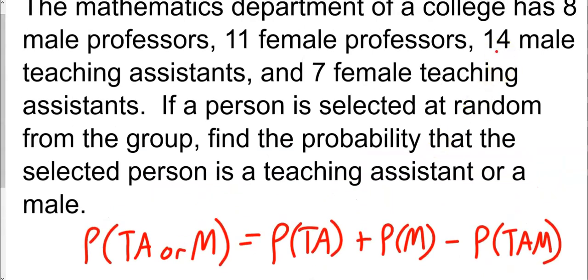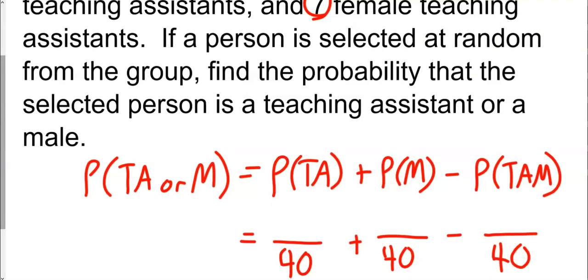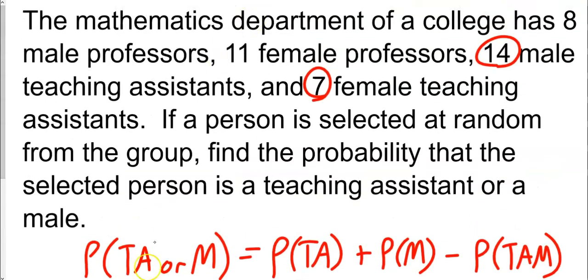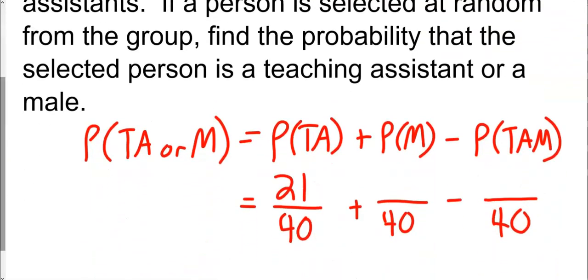So there were 14 male teaching assistants, 7 female teaching assistants. If you add those two up, you end up with 21 teaching assistants. Then you got to figure out how many males are there. Well, we have 8 males and 14 males there. So that adds up to a total of 22.